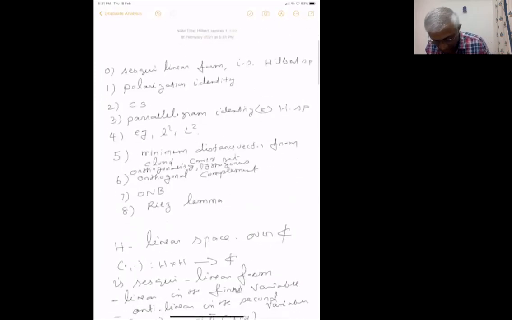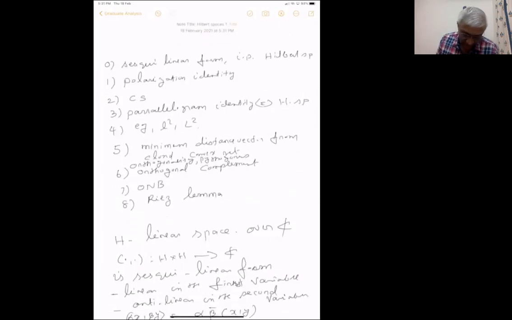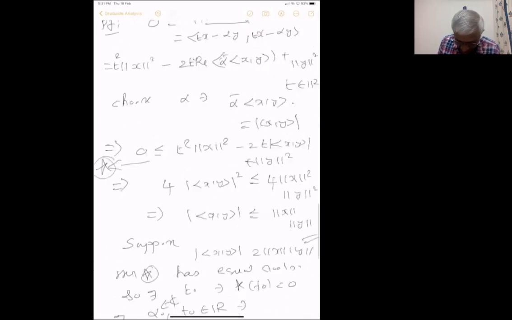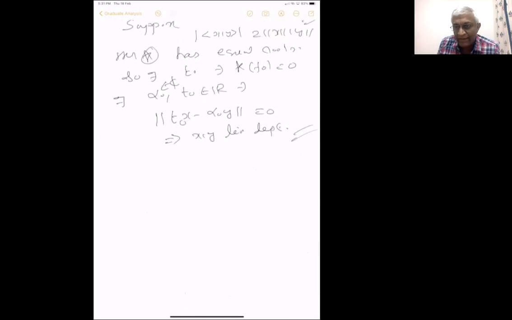I assume it's clear. So we have done the polarization identity, Cauchy-Schwarz inequality, parallelogram identity. Examples: we all know the usual ones. We have been working with examples in Rn or Cn. In Rn you have the real dot product. In Cn, if you have x1 up to xn, y1 up to yn, summation xi yi bar.